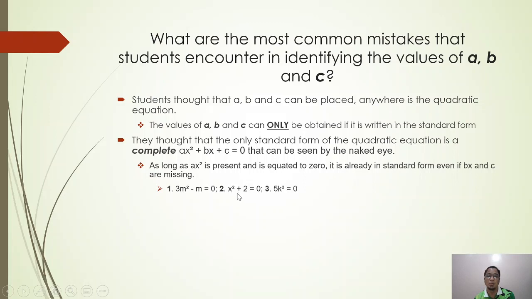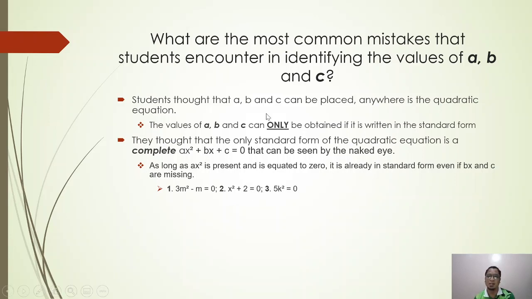Sir, wala po yung linear term, yung walang exponent. Sa makatwid, ang value po ng b, 0. Okay po? And then, yung atin pong c, eto, 2. Paano po natin malalaman na siya po ay totoong value na ng c? Kasi equated na po siya sa 0.